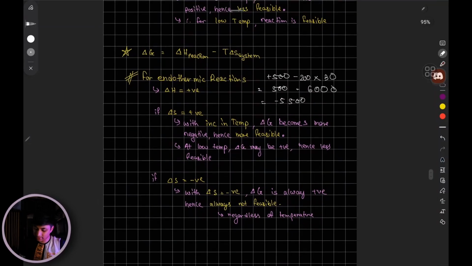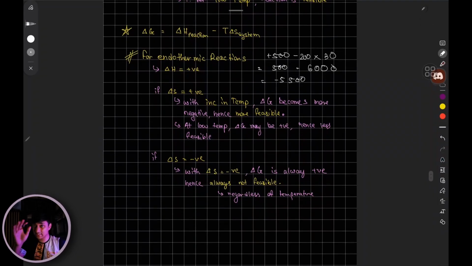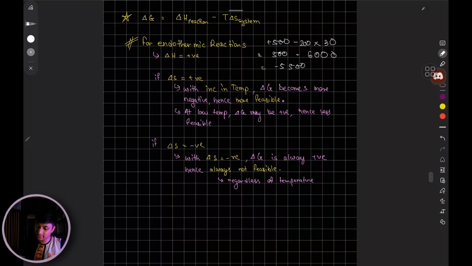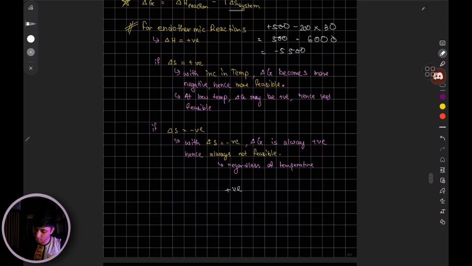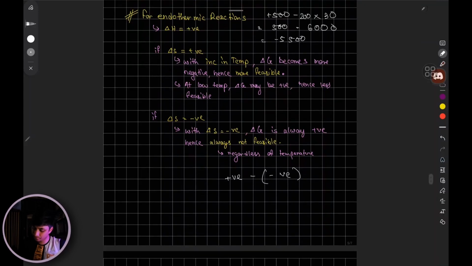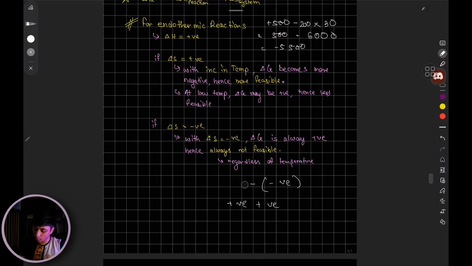If we look at another case where the change in entropy, let's say, is negative, however your enthalpy change is positive. So enthalpy change is positive and minus, and your entropy change is negative. Positive plus positive. Now, what happens over here is whatever you do, nothing is going to change the sign of your change in Gibbs free energy. Why is that the case? Because positive plus positive will always give you a positive value.